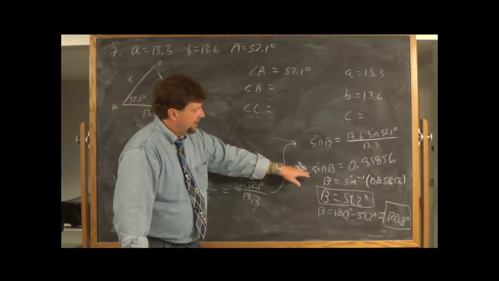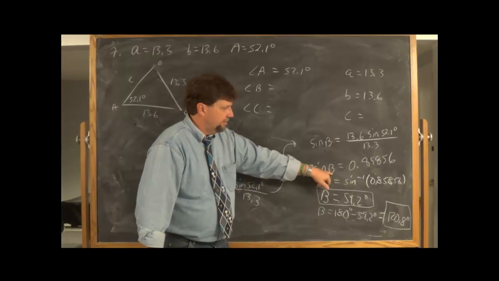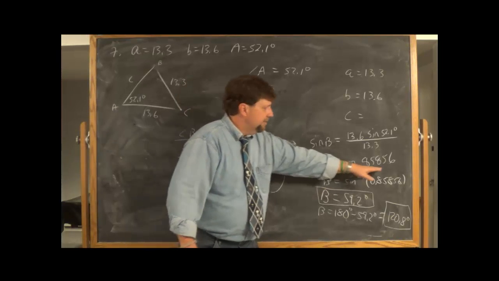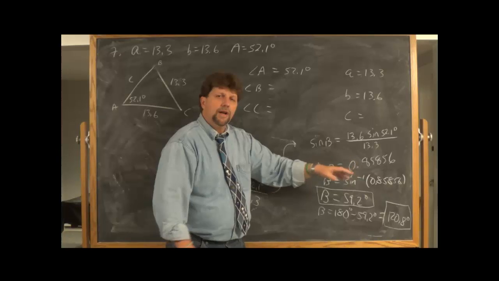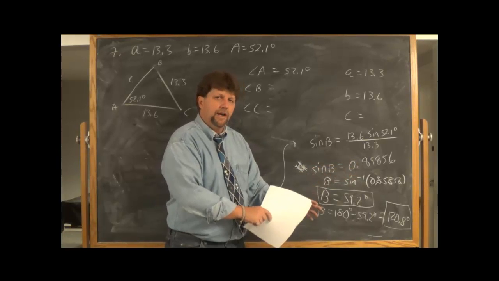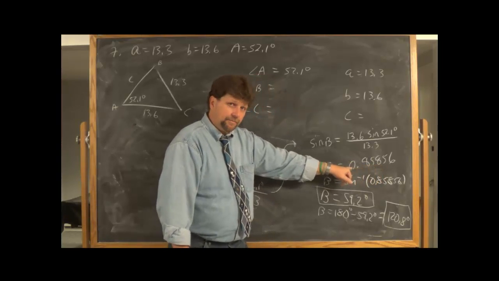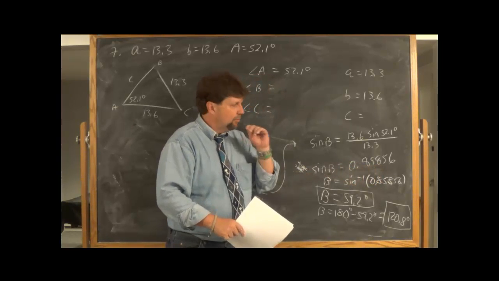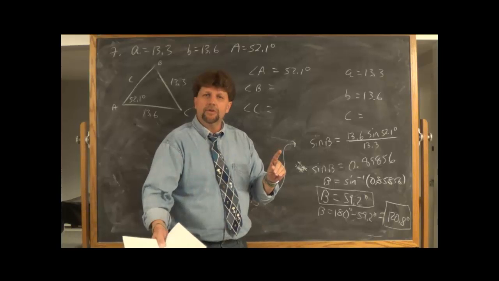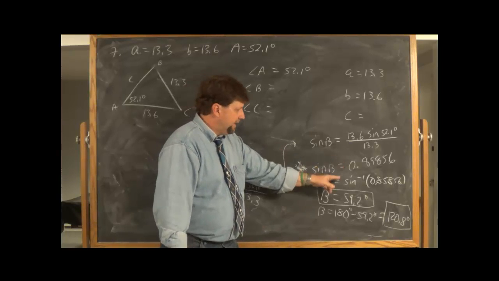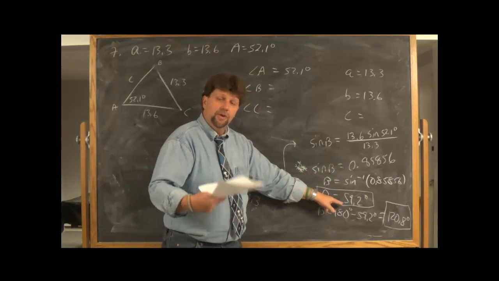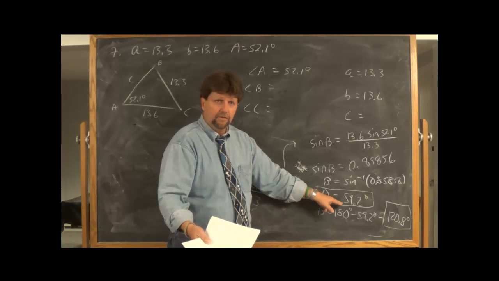If I have an equation, sine of B in this case, if I have a number over here that's larger than 1, I'm done. No triangles. If I have a number that's less than 1, I know I have at least one triangle. There could be two.